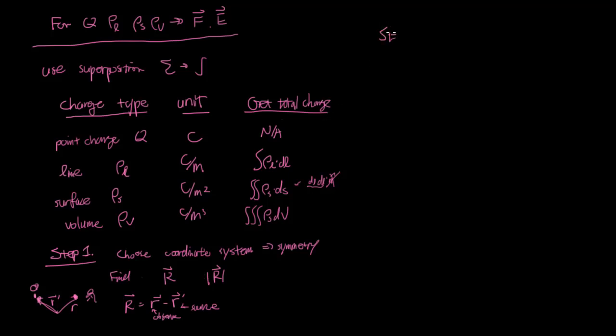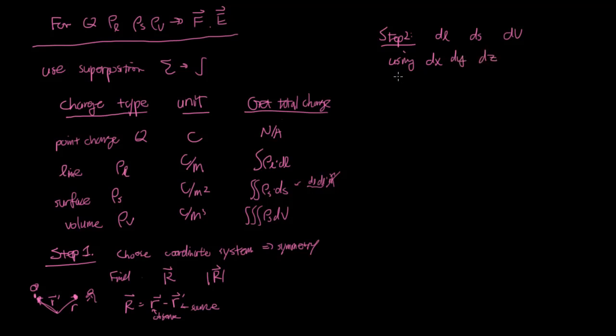Once you have that selected, the next thing you want to do is to find the unit length or unit surface or unit volume. So find either dl or ds or dv using your basic components. So in Cartesian, it would be dx, dy, dz.